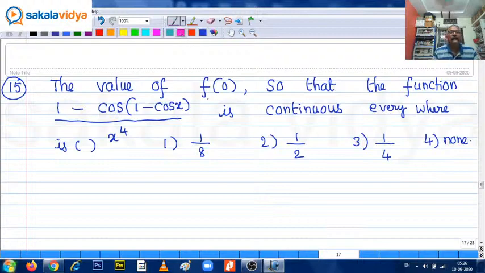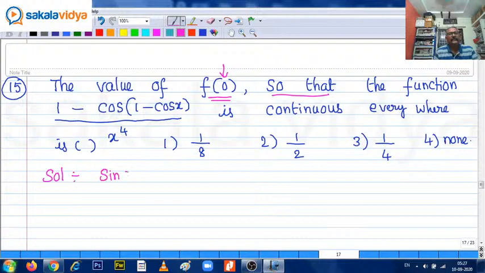So the value of f of 0 so that the function (1 minus cos of (1 minus cos x)) upon x to the power of 4 is continuous everywhere. Continuous everywhere means it is also continuous at x equals 0. So first we get the solution.